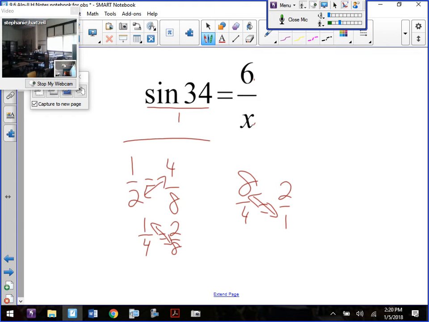That's why it works. So like you were saying, this problem here would have been just flipping the x and the sine of 34, excuse me. And that's how you were able to solve that out. Or if you think of it in terms of long form, how do you undo dividing by x? You would have had to multiply both sides.